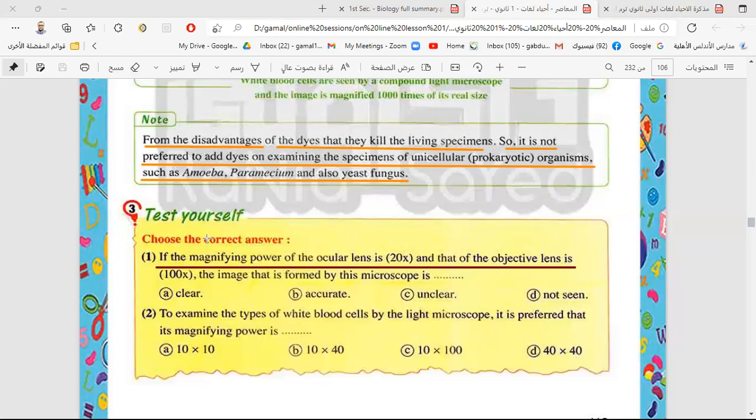If the magnifying power of the ocular lens is 20x and that of the objective lens is 100x, the image that is formed by this microscope is clear, accurate, unclear, not seen.